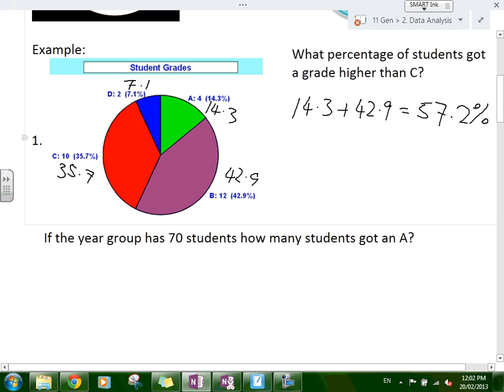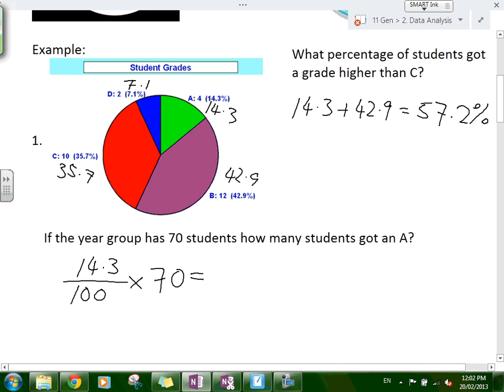There's 70 students. Well, 14.3 is a percentage, so we're finding a percentage of a quantity. 14.3% is 14.3 out of how much? 100. So it's 14.3 out of 100 times 70.